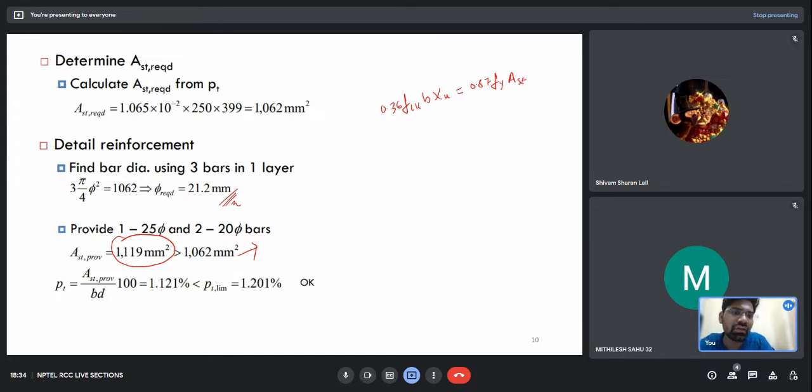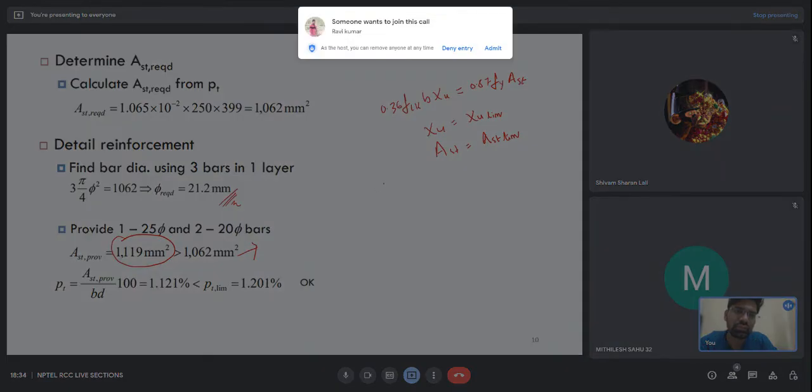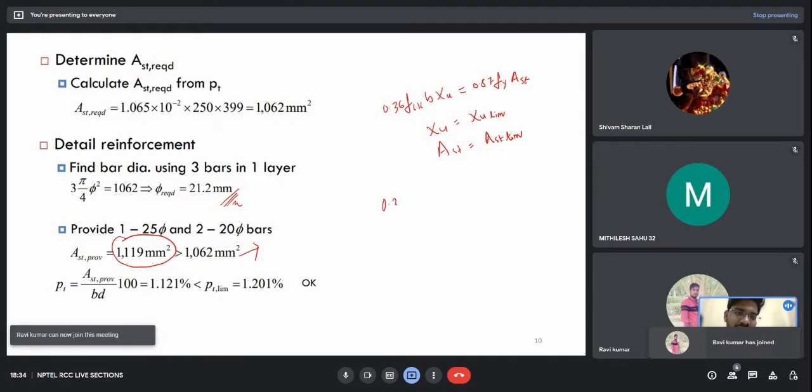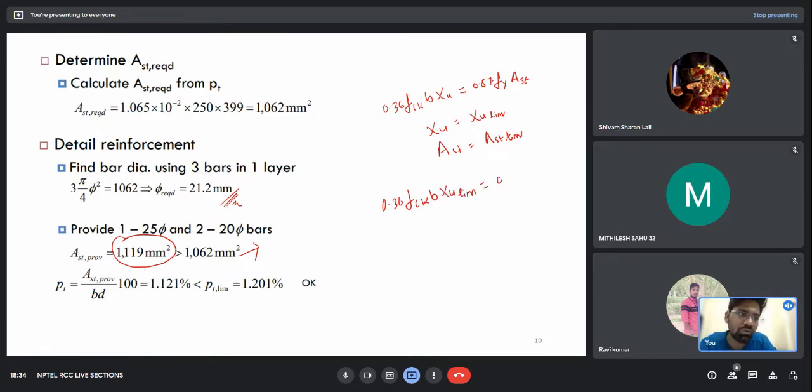Ast. Okay, now if I take xu equal to xu limit, then I will get Ast equal to Ast limit. So you can just rearrange this and find it very easily. Fck b into xu limit would be equal to 0.87 fy Ast limit.